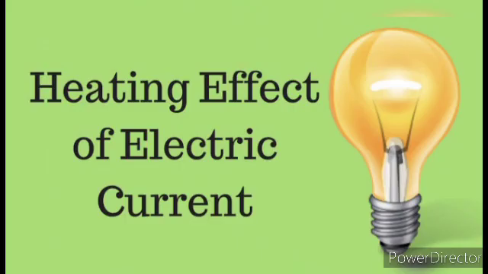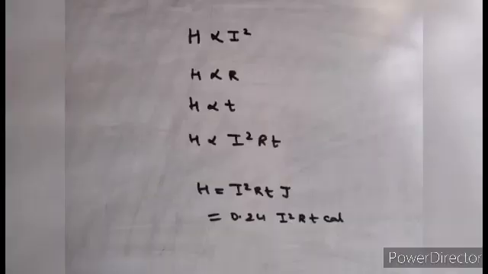Now, heating effect of current. The heating effect of a current depends on three factors: the amount of current passing through the wire, the resistance of the wire, and the time for which the current is passed in the wire. Basically, we are going to define this heating energy, where H is directly proportional to I squared, H is directly proportional to R, and H is directly proportional to small t.